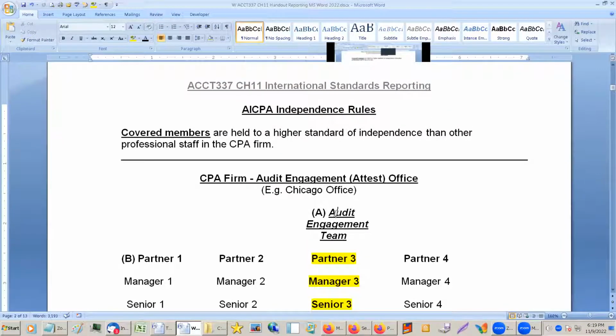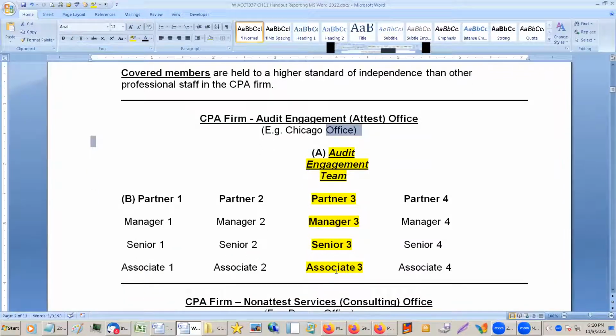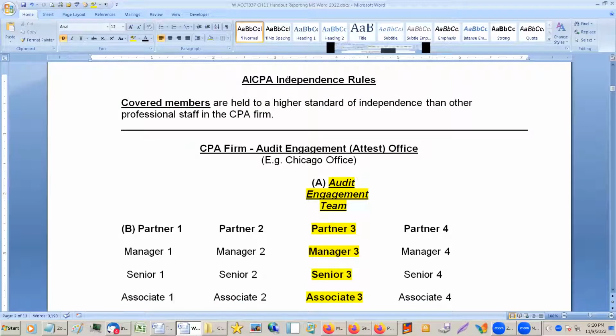The first people they come up with are the people who are on the audit team. The audit engagement team, the people who do the audit, must all be independent. And by the way, these are the AICPA, the US standards.